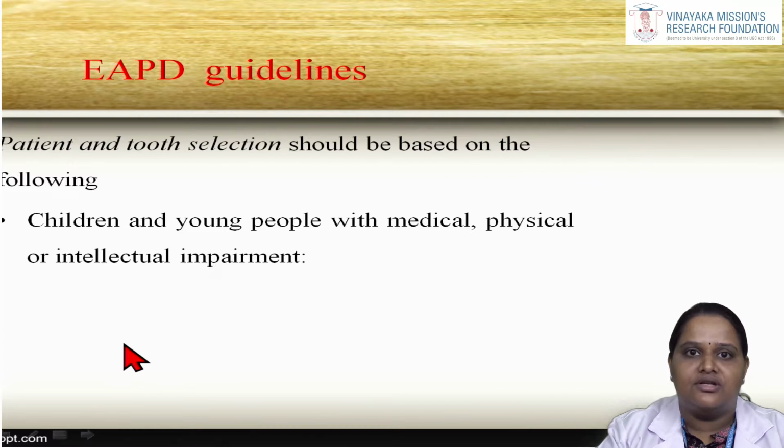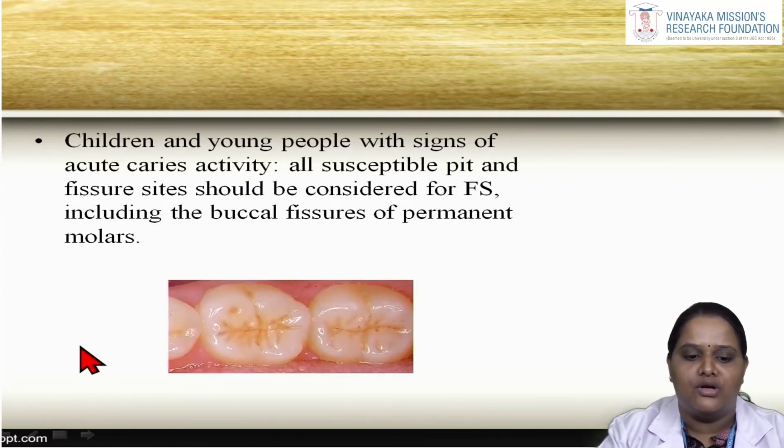Next is about the European Academy of Paediatric Dentistry, which has recommended some guidelines for the use of pit and fissure sealants. First, patient and tooth selection should be based on the following. Children and young people with medical, physical or intellectual impairment should include the buccal fissures of permanent molars.